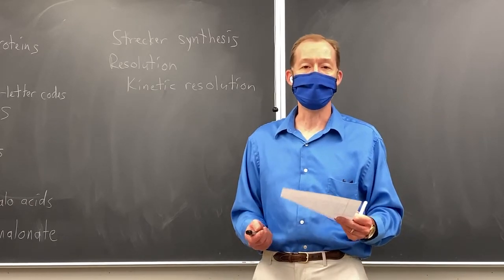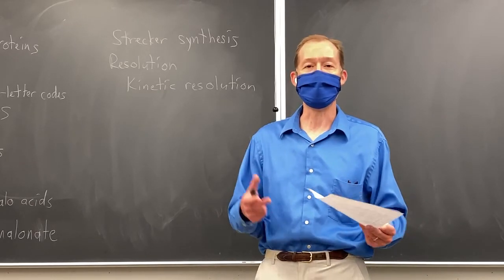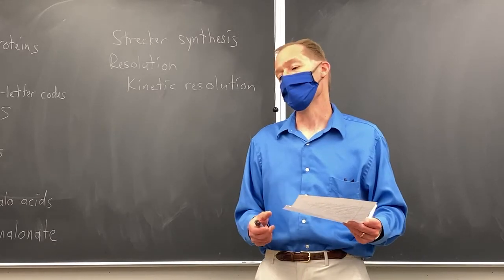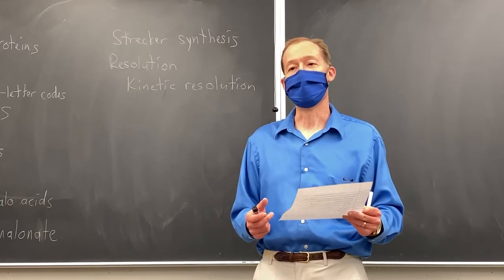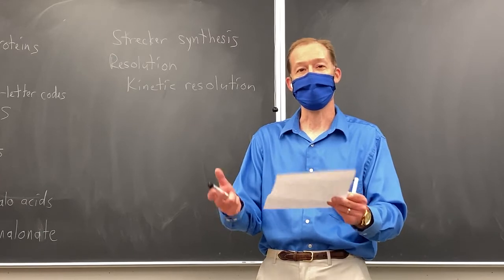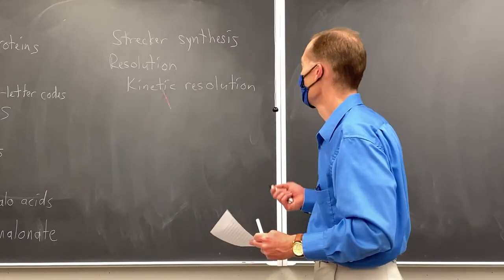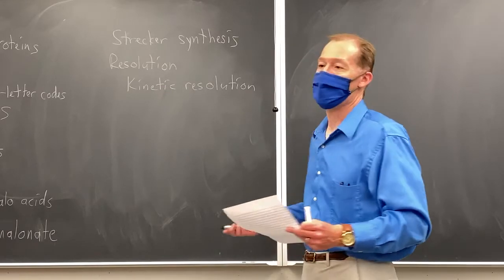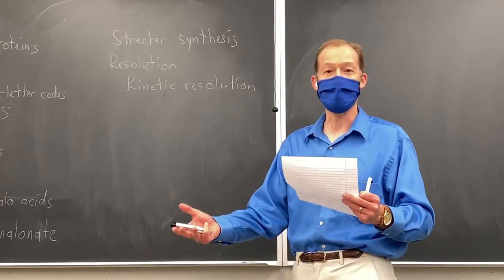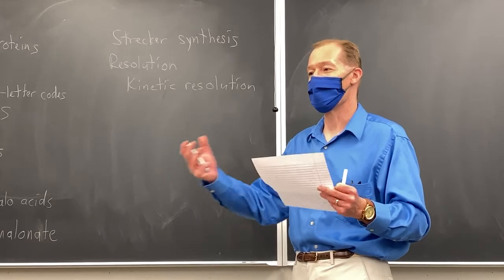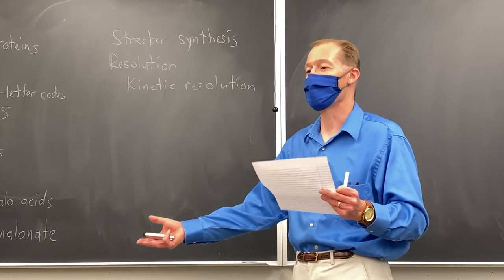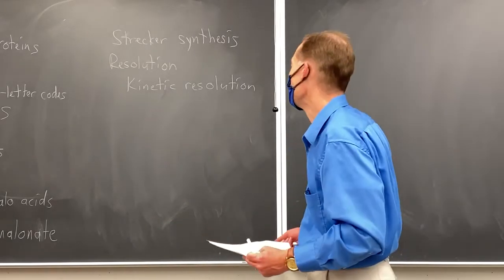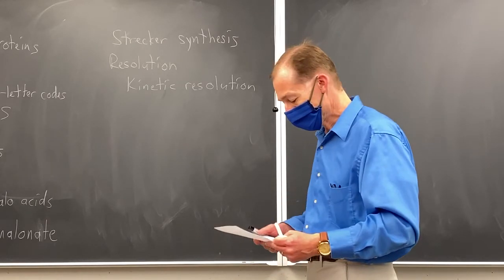The example we gave you in the book involved an enzyme catalyzed process that would react with L amino acids much, much faster than D amino acids. This is nice because it's easy to separate the products because they're not even isomers of each other. You have one enantiomer that undergoes a reaction into a different compound and one that doesn't react at all.